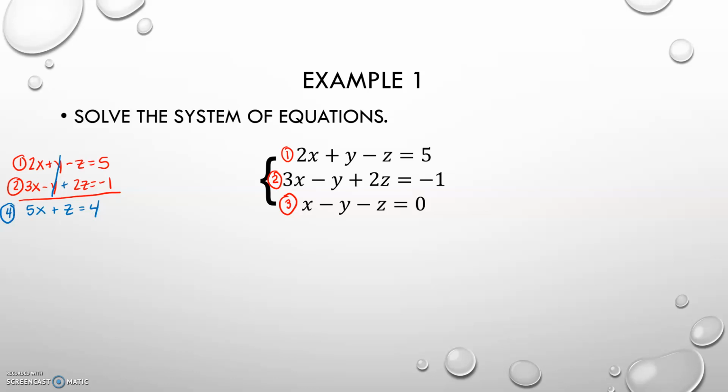I'm going to use this one instead. So I'm going to now combine 1 and 3, because again, I don't have to change anything. I could combine 2 and 3, but I would have to change something, multiply the equations by -1.